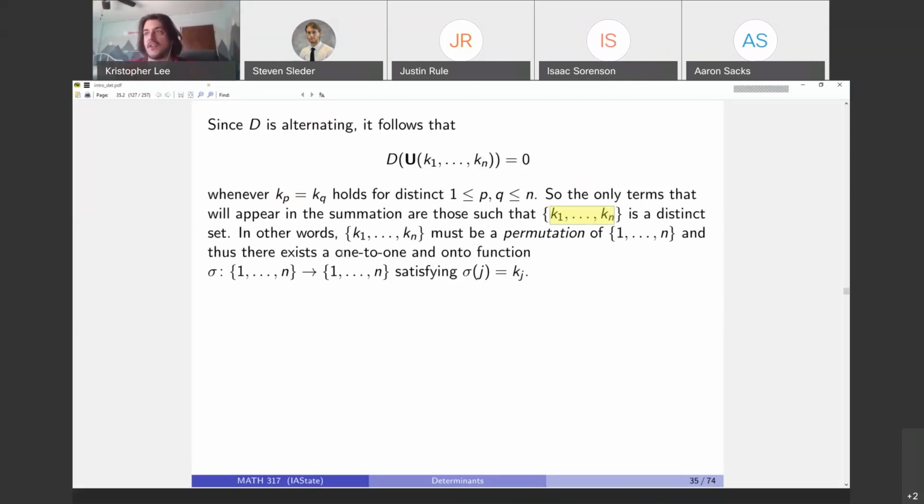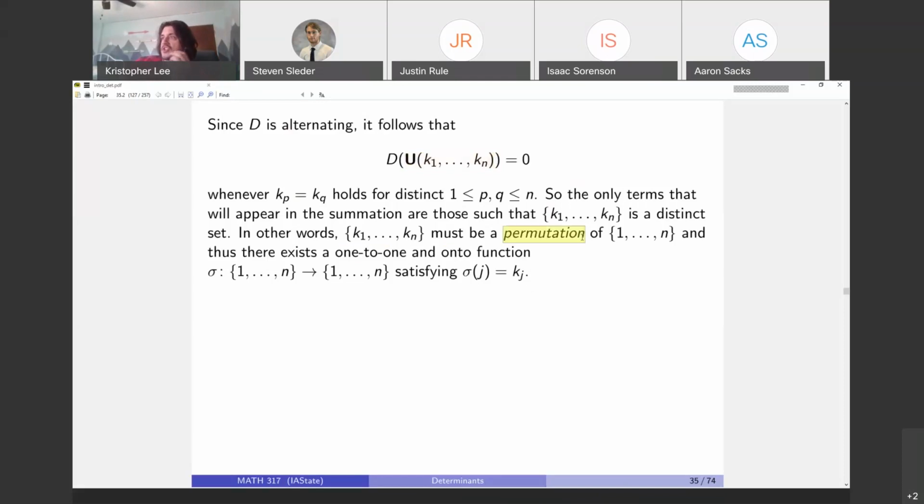So I can find a 1-to-1 and onto function so that sigma of j is k sub j. Right, so the alternating basically guarantees that we can delete any of the matrices where we saw repeated rows. And we saw that in the 2x2 case, where we repeated the first row of the identity and repeated the second row of the identity. We were able to just go, well, those are zeros.